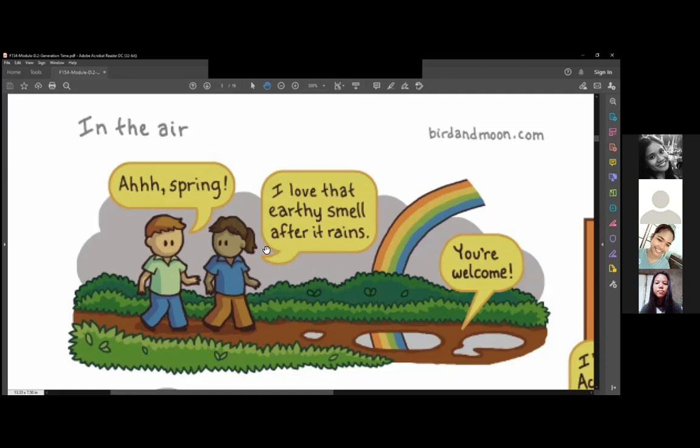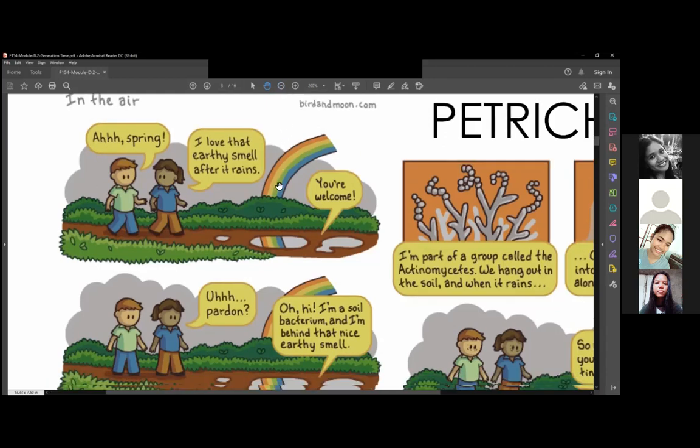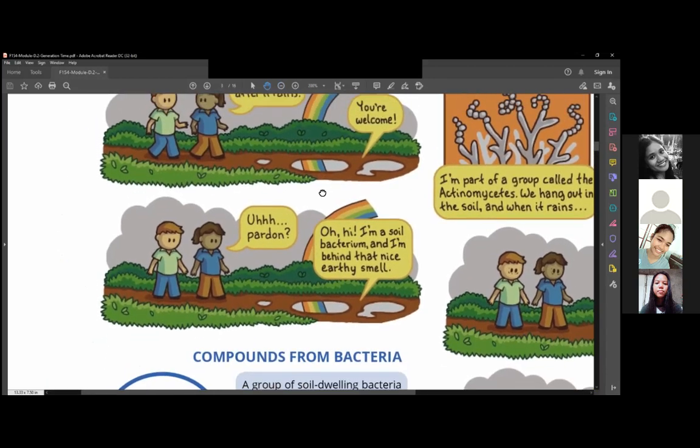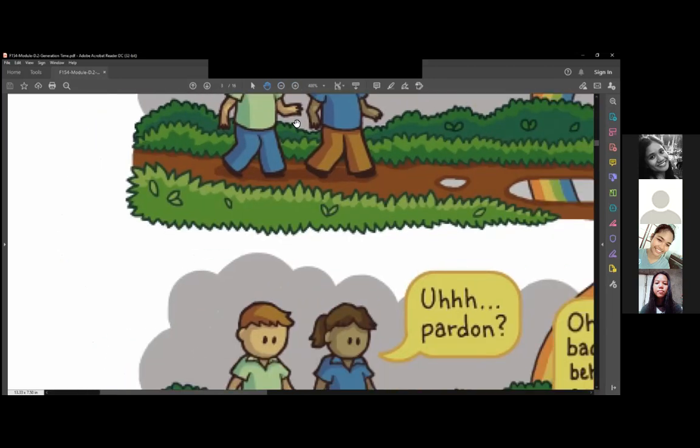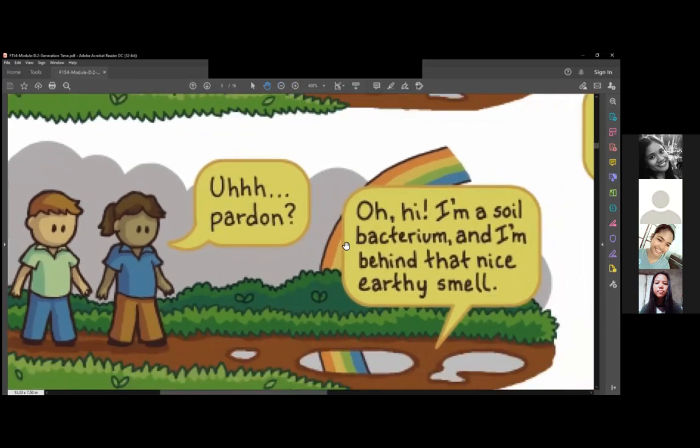Sino na lang mapulo? Si Julian na lang. I love that earthy smell after it rains. Wow, with Felix. You're welcome. Pardon? Oh, hi. I'm a soil bacterium, and I'm behind that nice earthy smell.